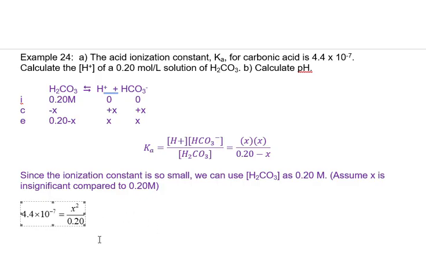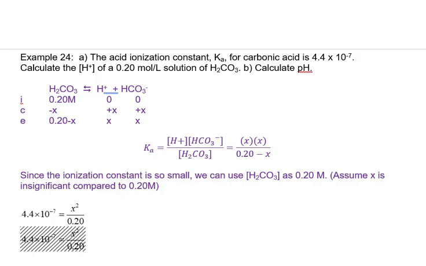So when we do that next step, where we multiply both sides by 0.2, we don't end up with a quadratic because, well, I guess technically it is a quadratic, but we don't have to solve it the same way because we just have x squared on the one side.